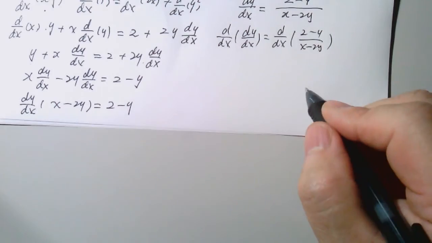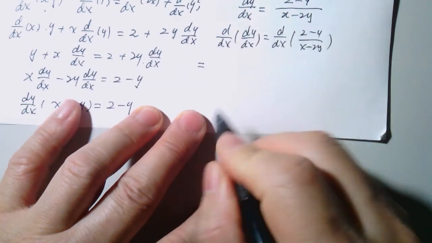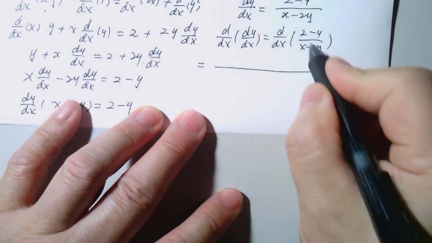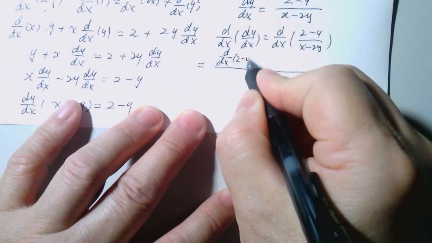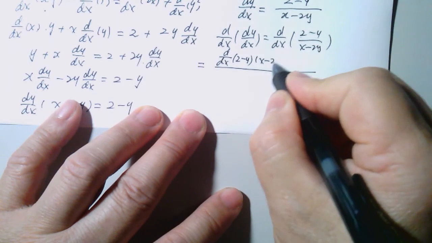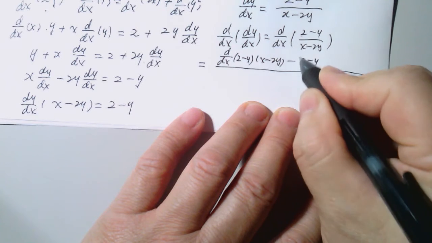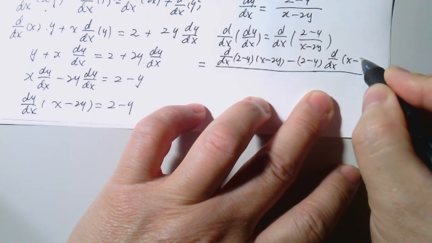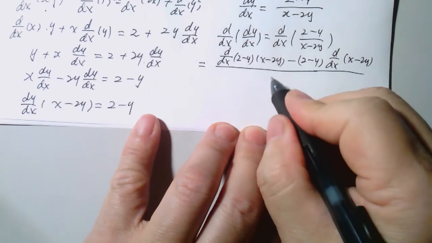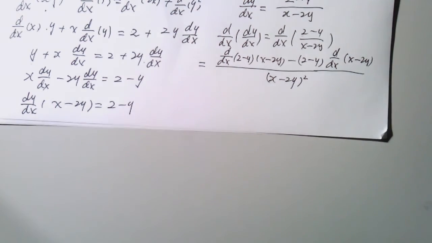When you use the quotient rule, you write this here: the numerator's derivative first times the denominator, minus the numerator times the denominator's derivative, and the denominator squared. That strictly follows the so-called quotient rule there.